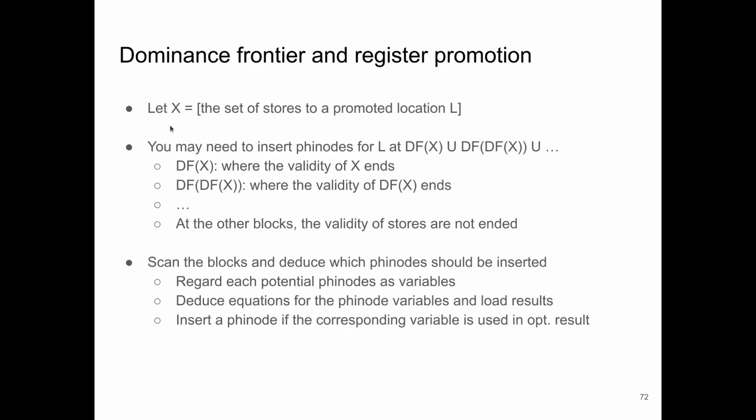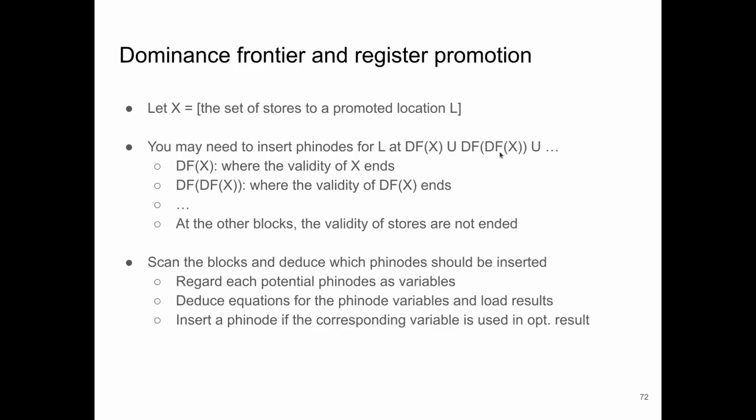Let's say X is the set of stores to a promoted location L in register promotion optimization, and we may need to insert phi nodes at the dominance frontier of X. These are inserted with phi nodes, and they in turn may require additional phi nodes, which are located at the dominance frontier of these.